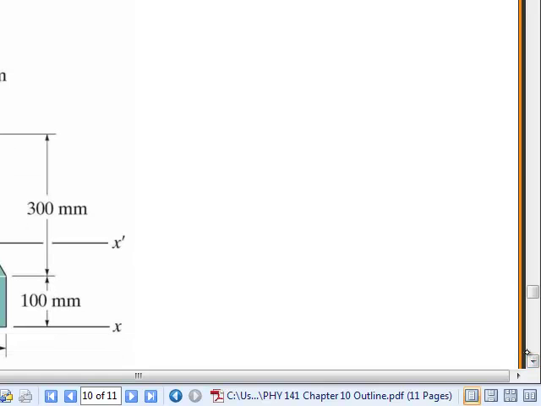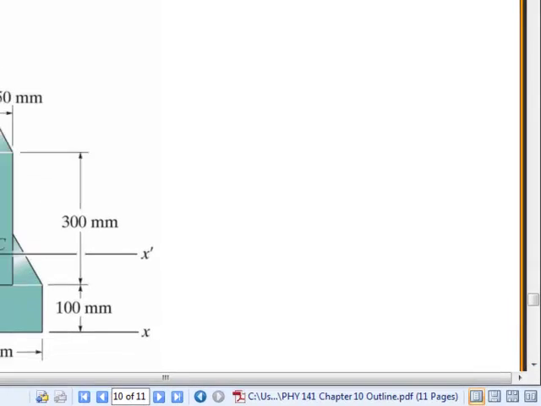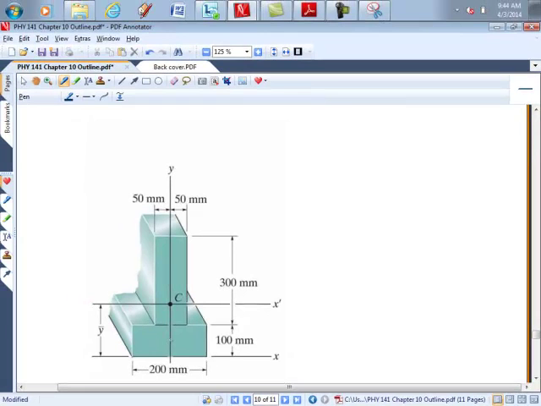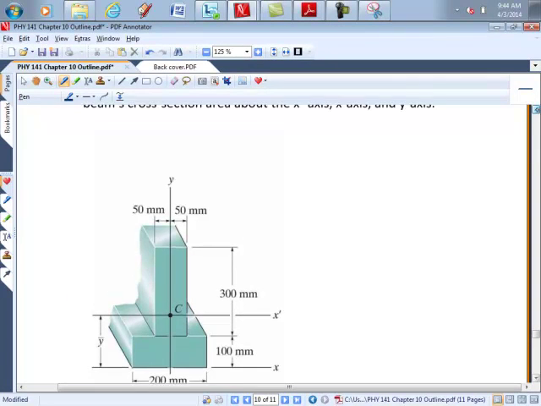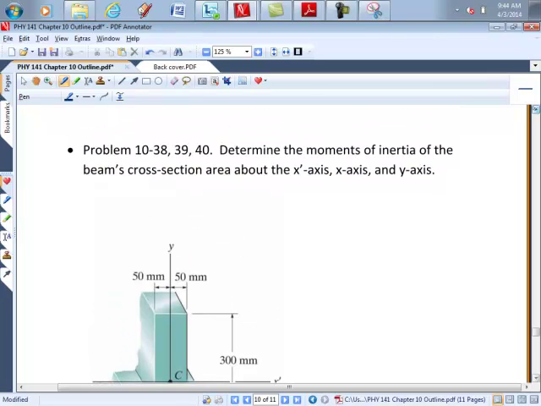So this problem has a T-shaped beam, and we're asked to calculate the moments of inertia about the beam's cross section. So second area moment about the x prime axis, the x-axis, and the y-axis.